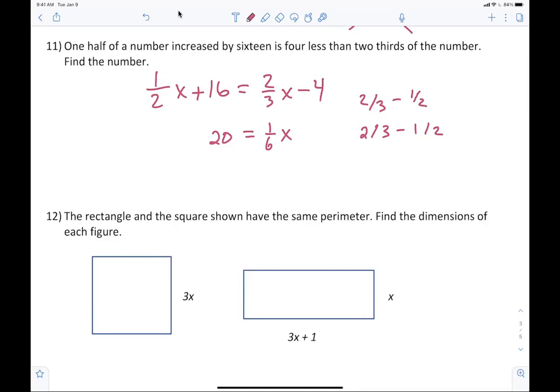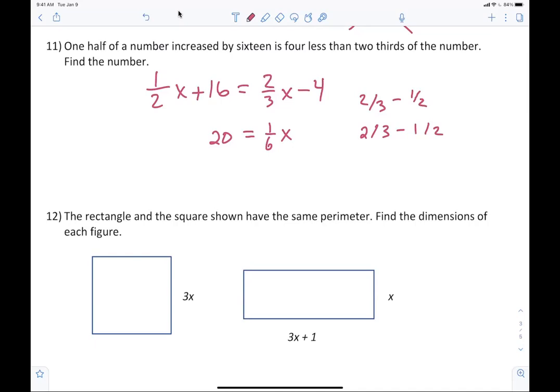Then type in 2/3, then go to minus, alpha y equals, enter again, and then type in 1/2, and then hit enter. And then it'll automatically make it a fraction. Now, I promise you, if you're not doing this on your calculator, you're making a mistake.